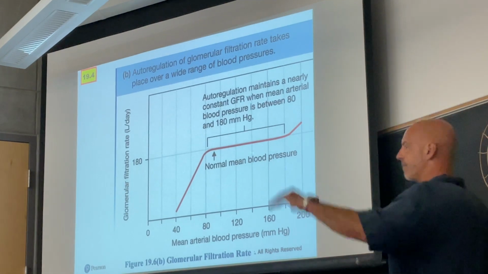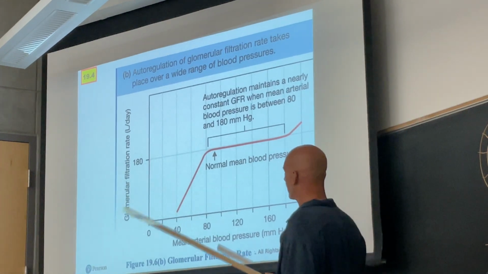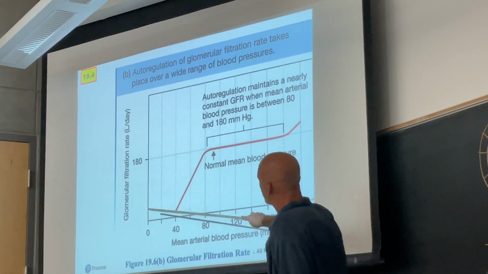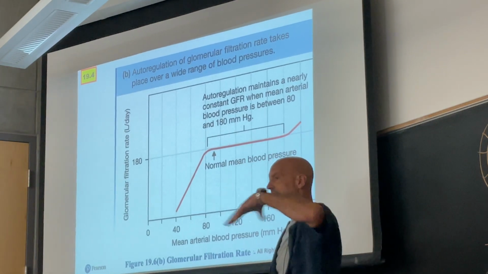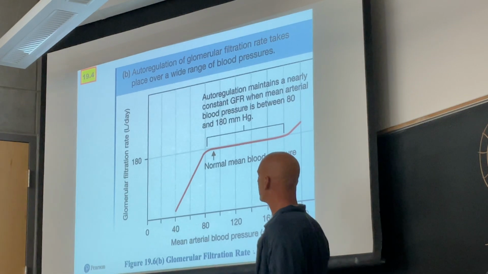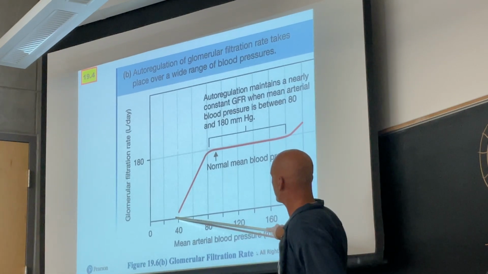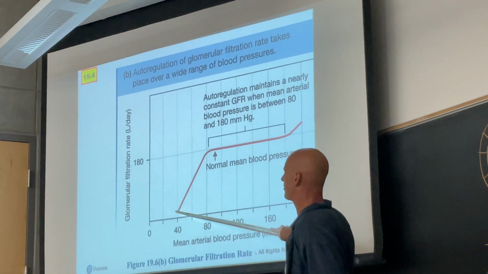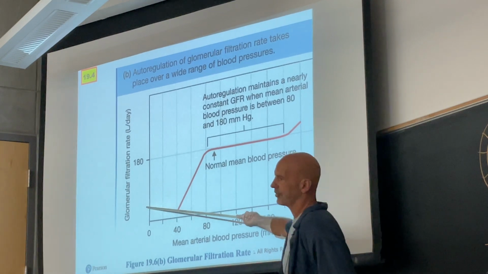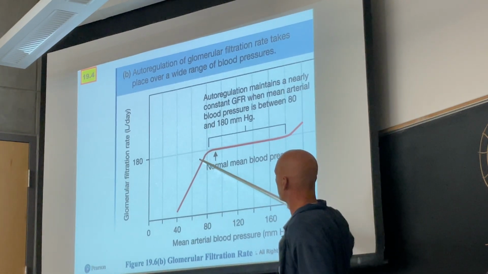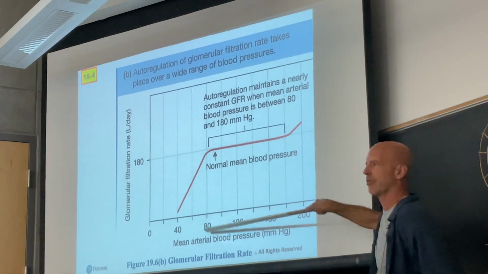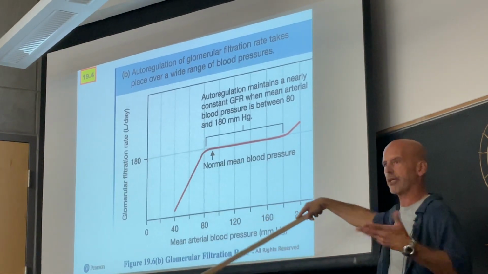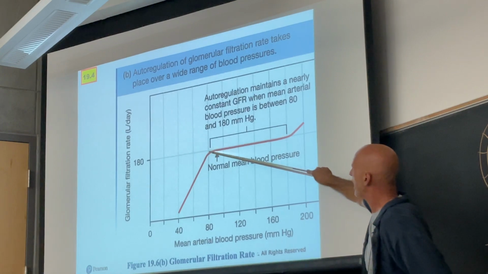Okay, don't worry about this graph too much. Filtration rate here is how much blood is entering those capillaries, the glomerulus, right? This first looks like it's dependent on the arterial pressure. If arterial pressure is low, filtration is low, right? And it starts to go up on a linear curve, right? But at normal blood pressure, roughly your normal mean arterial blood pressure, it kind of evens out at 180.